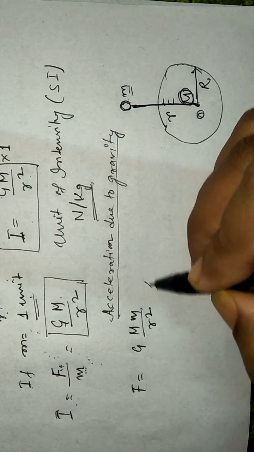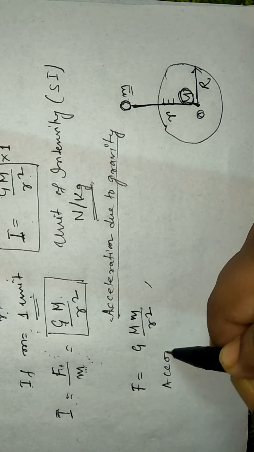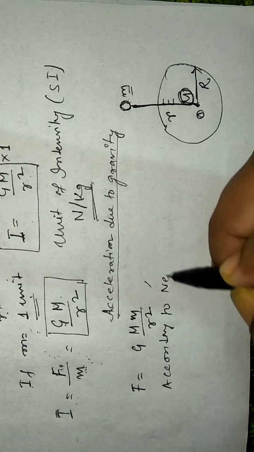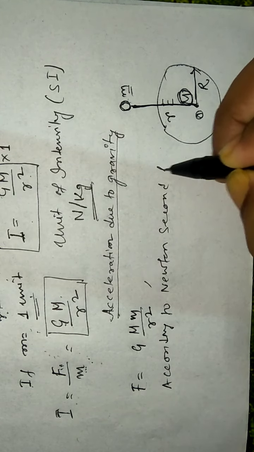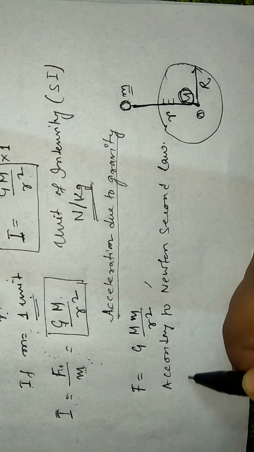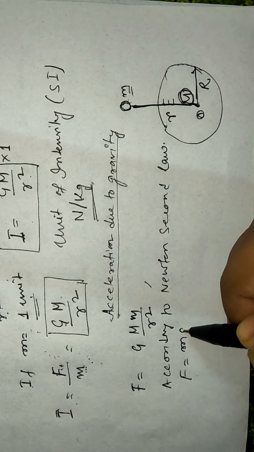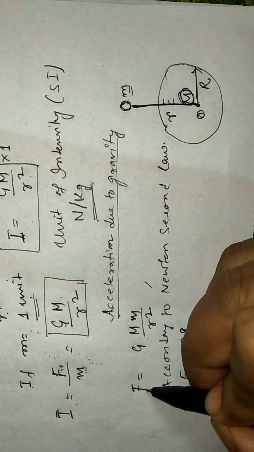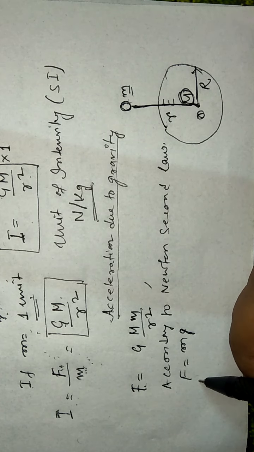Now according to Newton's second law, we can write F is equal to m, and instead of a we are writing g, because this acceleration will now be the acceleration due to gravity. The first equation is from Newton's law of gravitation, and this one is from Newton's second law.